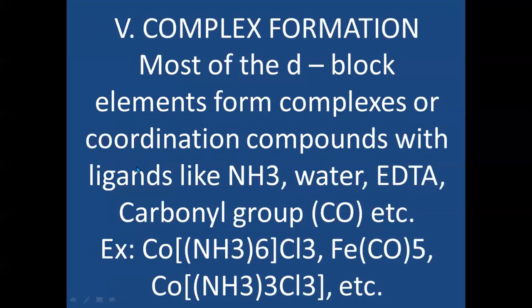Therefore, these complexes are also called coordination compounds, and generally d block elements form complexes or coordination compounds. So to form a coordination compound, we need an atom which is ready to accept one or more pairs of electrons, and there should be one species which donates a pair of electrons or more than one pair of electrons. In this way, they form.